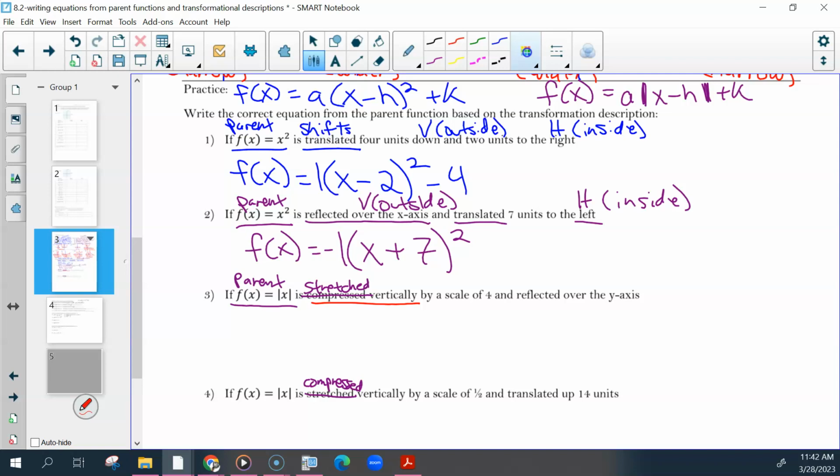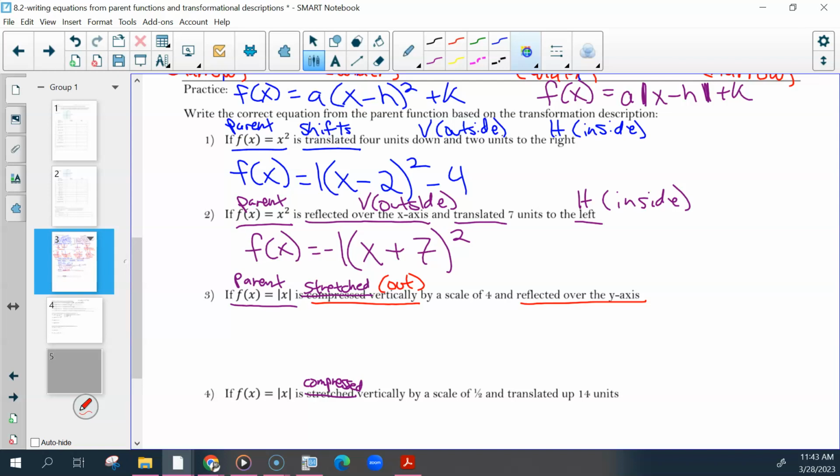Reflected. Over the y-axis. So since this is stretched vertically, we know it's vertically already. Is that going to be an inside thing or an outside thing? Outside. And then reflected over the y-axis, you can either look back at the summary, look back at your pictures, or picture it.